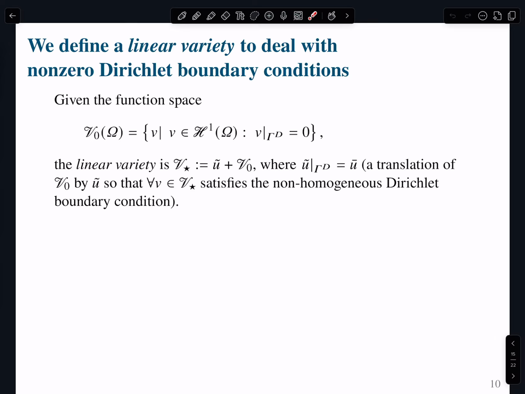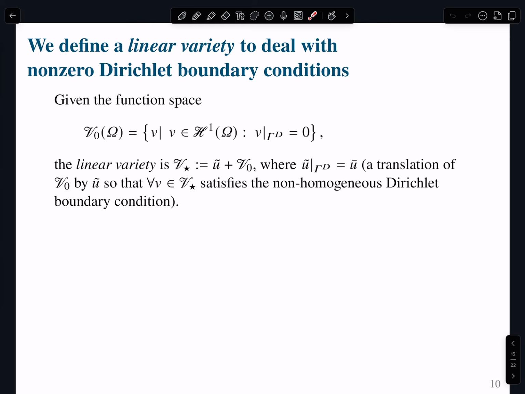And so now what we're going to say is, imagine that you have some function u tilde. U tilde is going to satisfy my boundary condition. So this u tilde is going to be equal to 1 at the left boundary. So that function satisfies the essential boundary condition. What we're going to do is define what is called a linear variety.